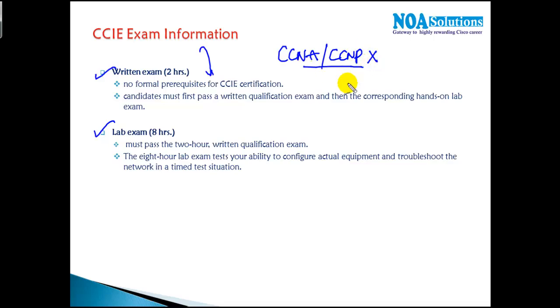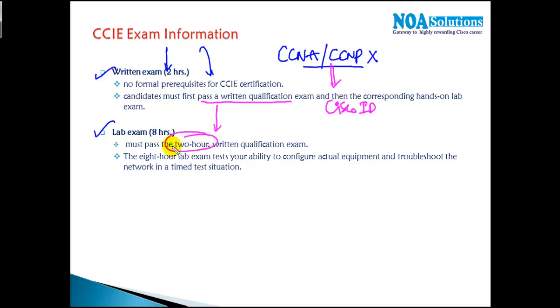You can directly write the CCIE written exam without any CCNA or CCNP certifications. If you're already certified in any one of these exams, you can use the same Cisco ID to register for your exams, but that's not compulsory. The candidate has to pass this written exam before he books his lab exam.